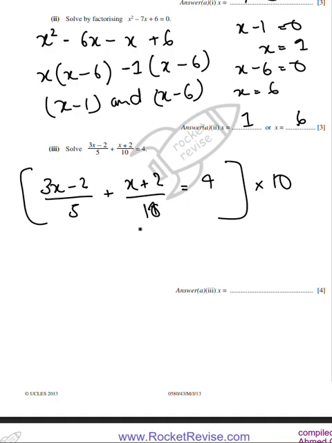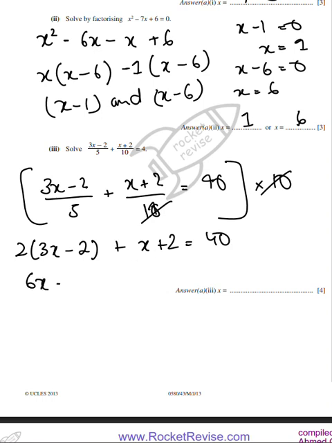So 10 cancels out with 10, this will become 40, and 10 over 5 becomes 2, right? So 2 into 3x minus 2 plus x plus 2 equals 40. 6x minus 4 plus x plus 2 equals 40.